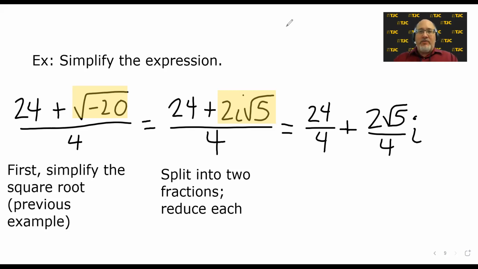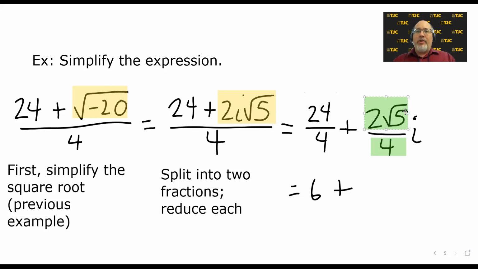And now within each fraction, we can consider reducing. 24 over 4 is just 24 divided by 4. That's just 6. Not a whole lot to worry about there. But here's the plus. What about the other fraction? Well, in the other fraction, we have 2 square root of 5 over 4. Now, you may be tempted to reduce the 2 and the 4, but then you may question yourself, is that something I'm allowed to do here?